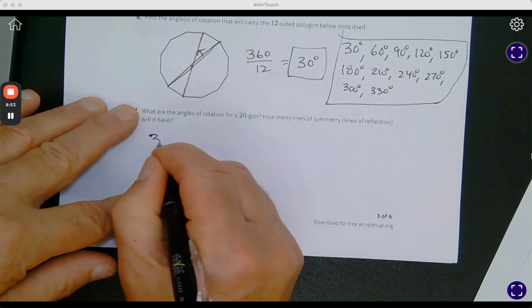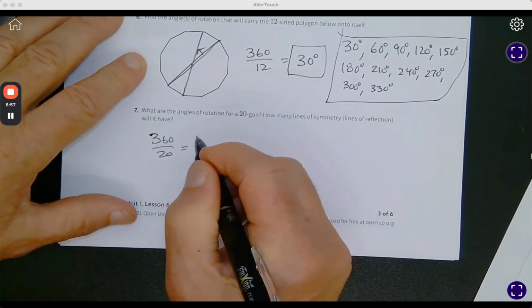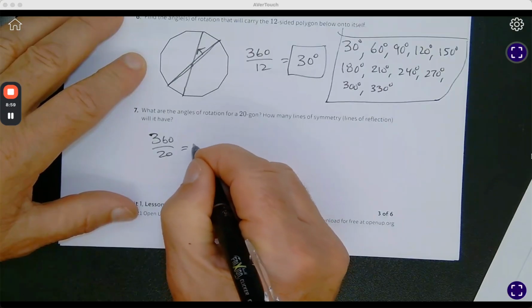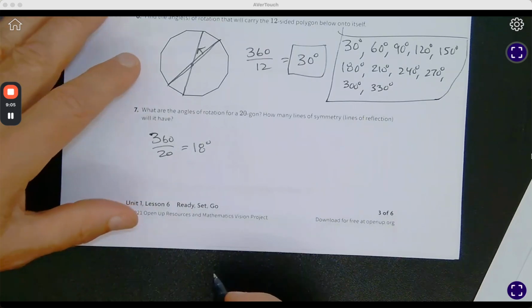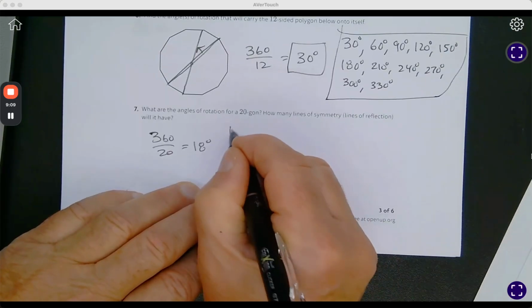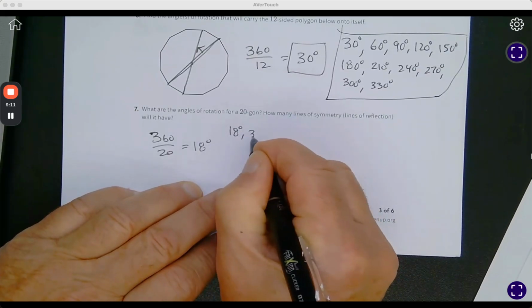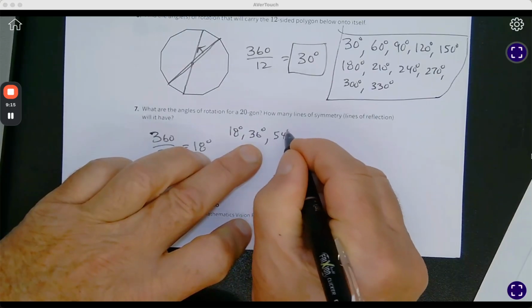Okay, so I'm going to take 360 divided by 20. Is that 18 degrees? It is 18 degrees. Wow, there's going to be a lot of them here. Okay, so 18, double that, 36. Add 18 to that, 54.